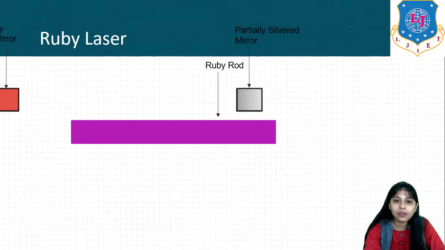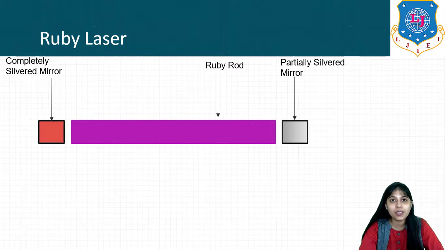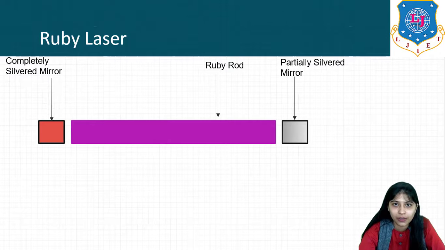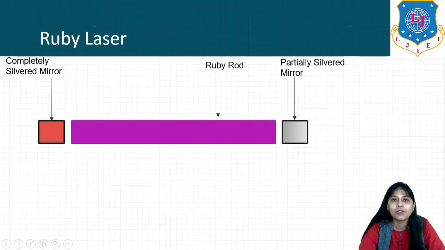Now the end faces of the ruby rod are polished, in such a way that one is a completely silvered 100% reflector mirror, while the other is a partially silvered mirror. These end faces are polished flat and parallel.